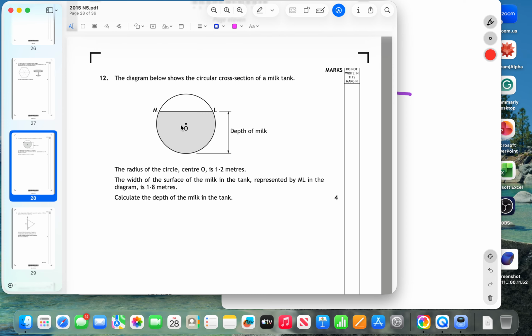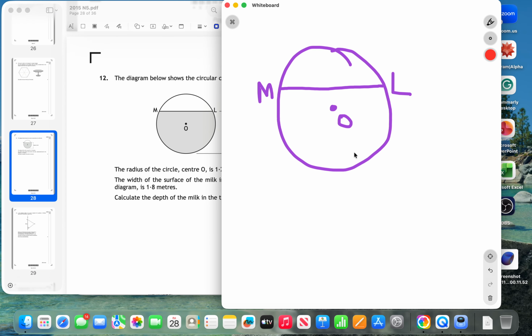So the radius is 1.2 meters, and this is 1.2 meters.